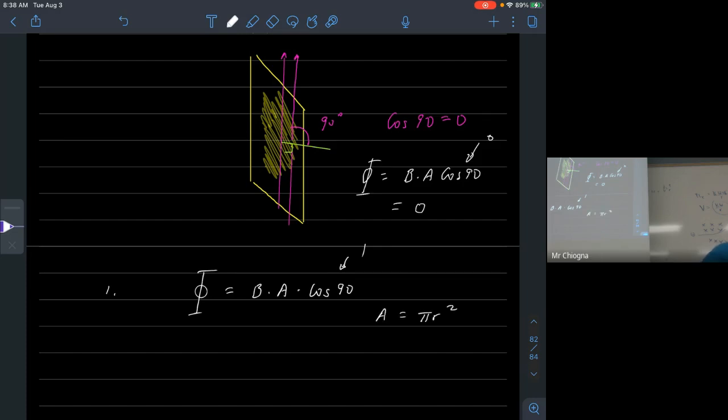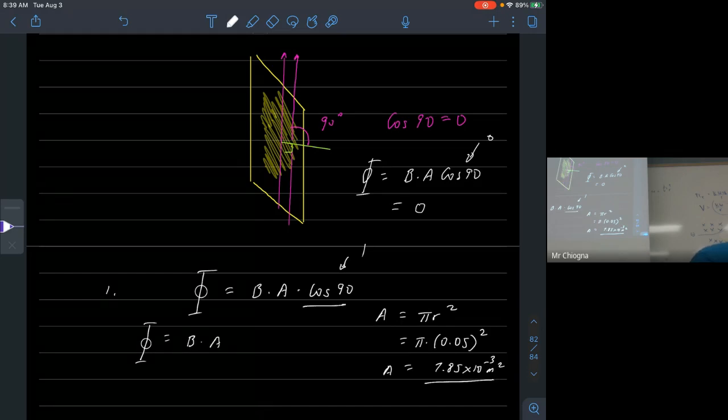We're told it's a circle, radius 5 centimeters. So that works out to be 7.85. So the flux then simplifies to just B times A because the cos is 1.